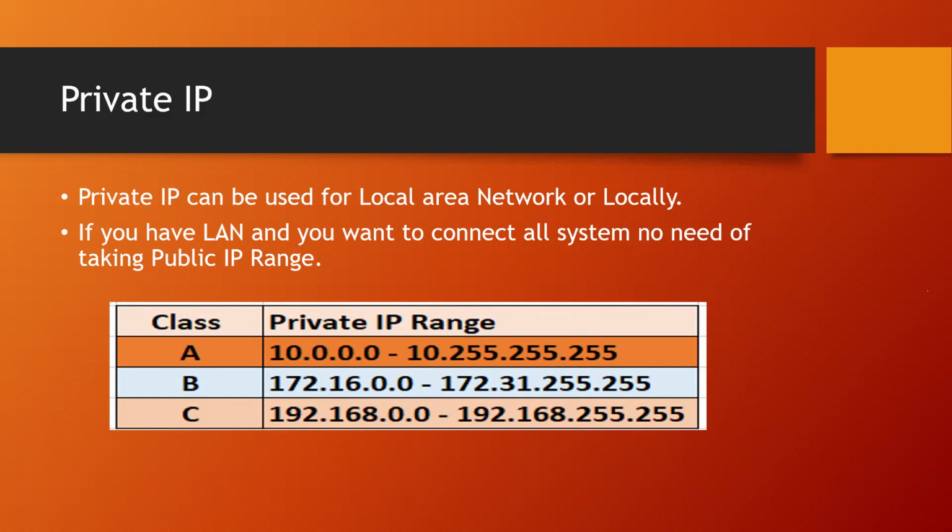That connection to the internet happens through the router, right? Whenever you take broadband at home, they will give you a router. What is the use of a router? It takes your private IP and changes it to a public IP, right? Then only your communication is going to start, using the router.